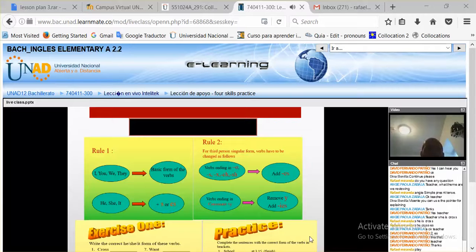For example, I cross the street, or she crosses the street. They cross the street, and he crosses the street. So it's only taking into account when I have to use those rules to change the verb at the end of the verb.